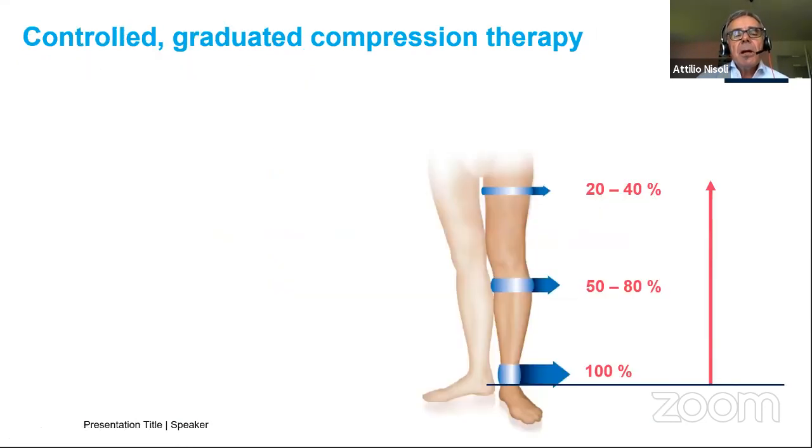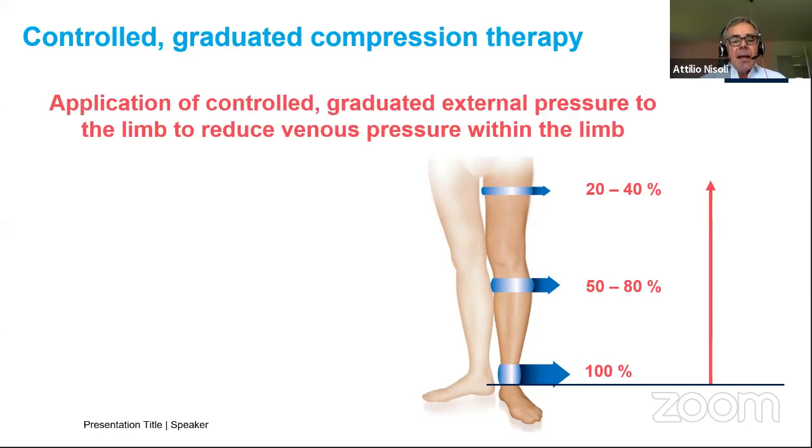We are always talking about controlled graduated compression therapy, but what do we actually mean by this? It's the application of controlled graduated external pressure to the limb to reduce venous pressure within the limb. And of course, when I say graduated, I always mean graduated from distal to proximal.